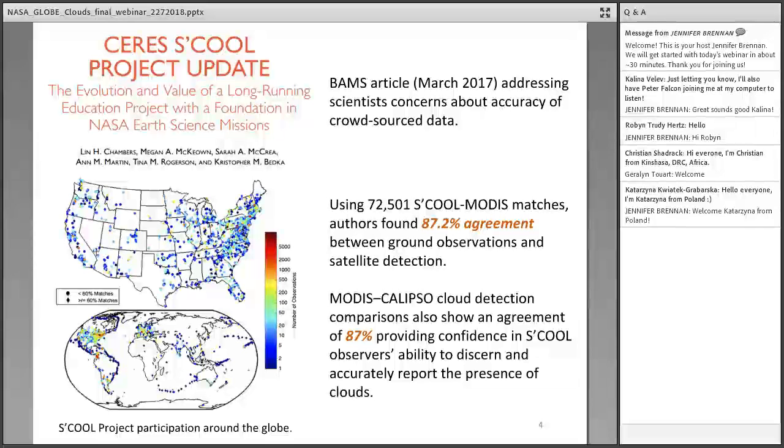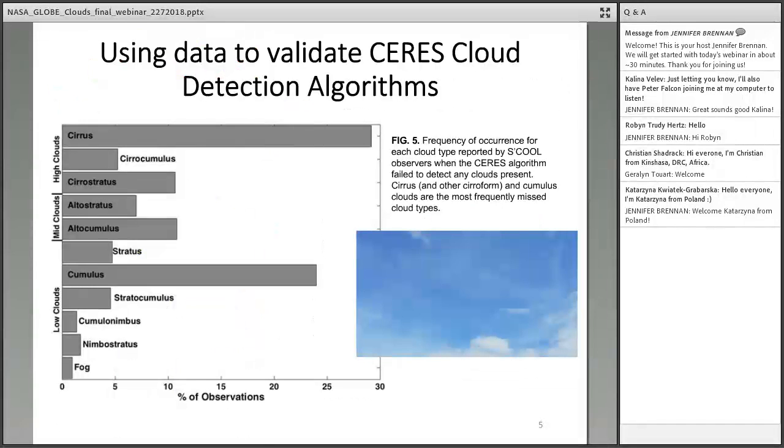If you notice also on the left, that image shows that the program also grew in observations from all around the world, not just in the U.S. So the authors of this paper showed with this finding that these are very robust observations. And what they used then, these observations, is looking at the times when they did not agree.